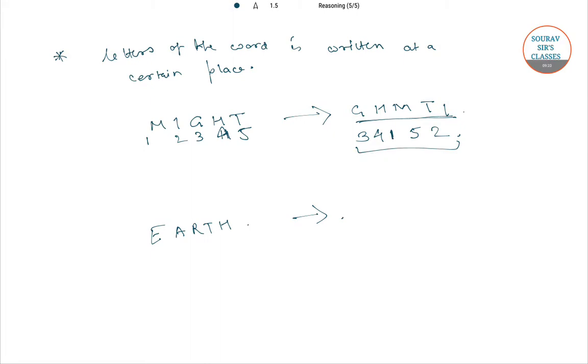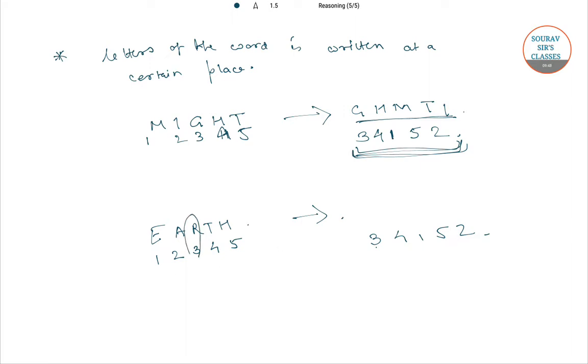Similarly, here we are denoting numbers to each of the letters of earth. And then we are writing this rule format here, 3, 4, 1, 5, 2. And now we will write the letter corresponding to each number here.